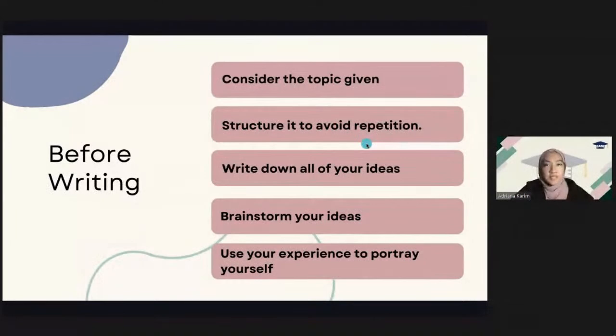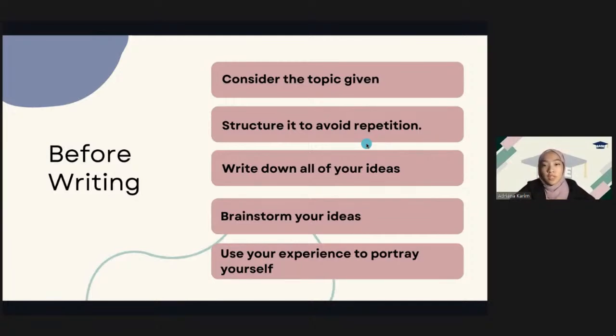So instead of writing in your essay that I am a helpful person, maybe you can give a situation, for example, that you helped an old lady cross the street. From there, you're showing your recruiters that you are actually a helpful person.